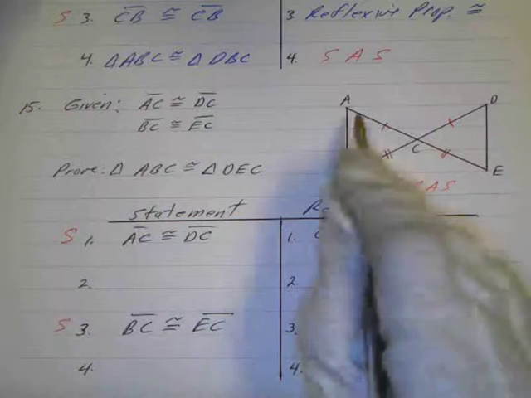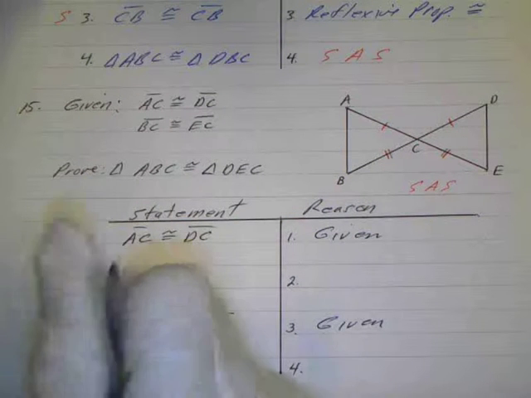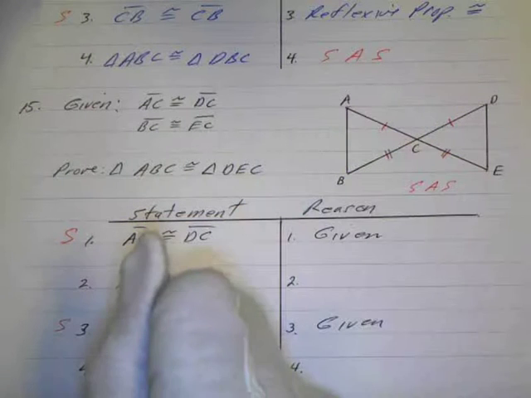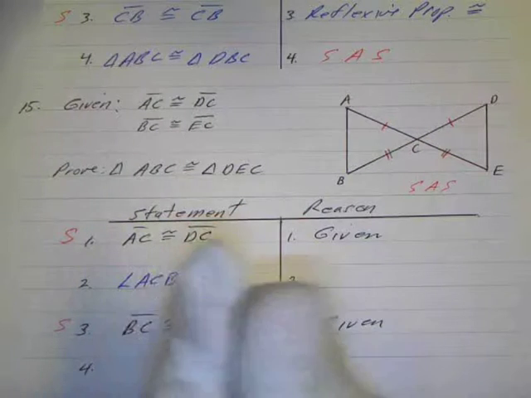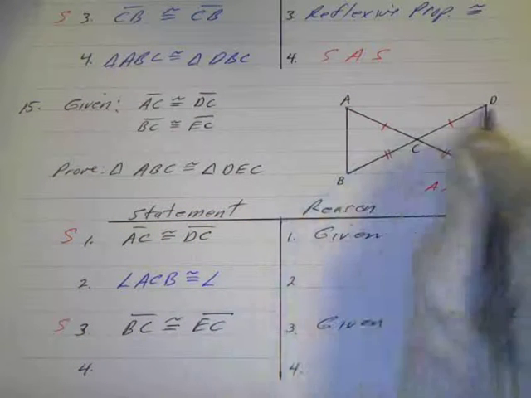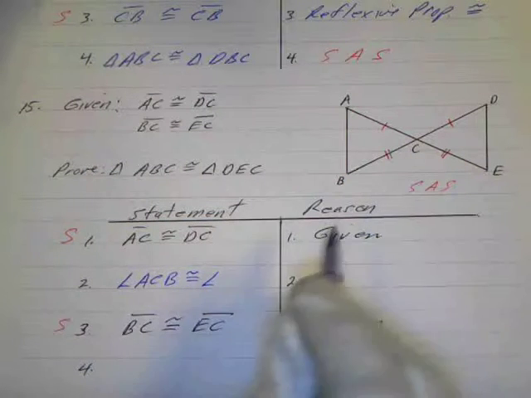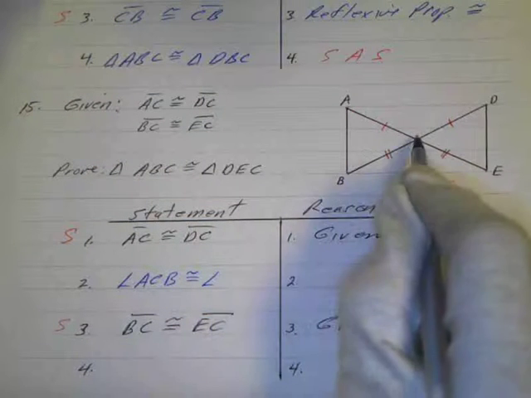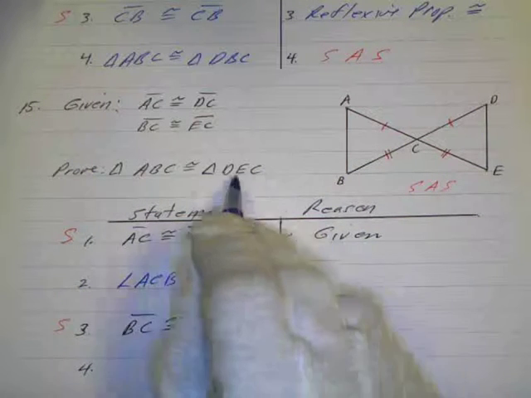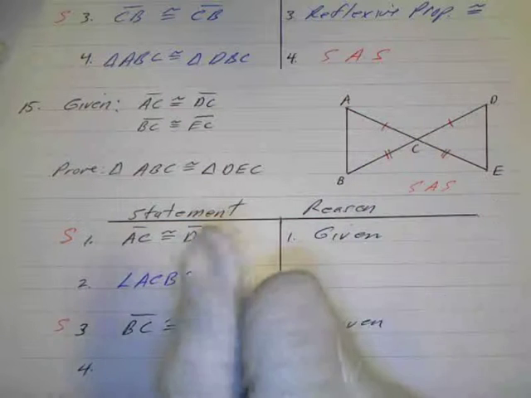So I could say angle ACB, that's this angle here, ACB is congruent to angle DCE.